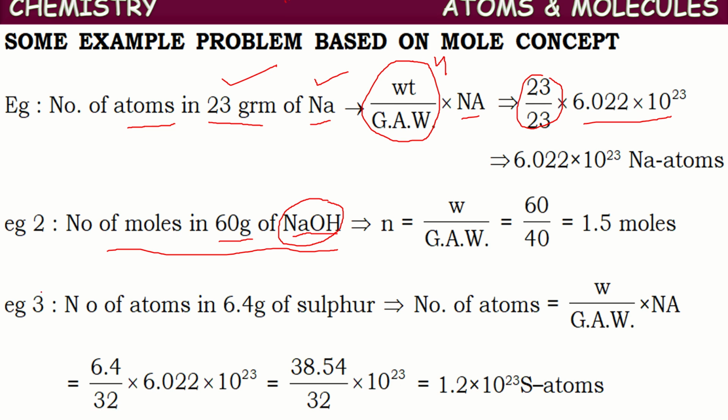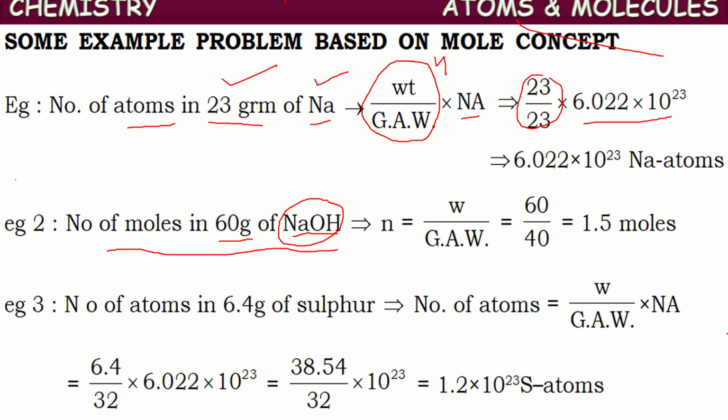Okay, so now the number of atoms in 6.4 grams of sulfur. The formula we know: weight by gram atomic weight gives the number of moles.